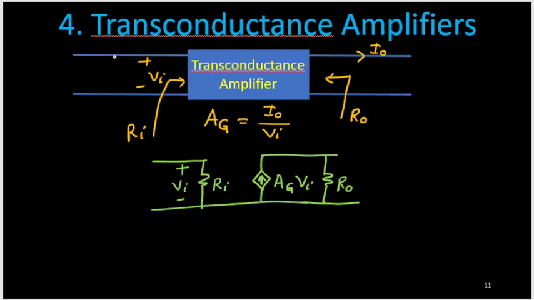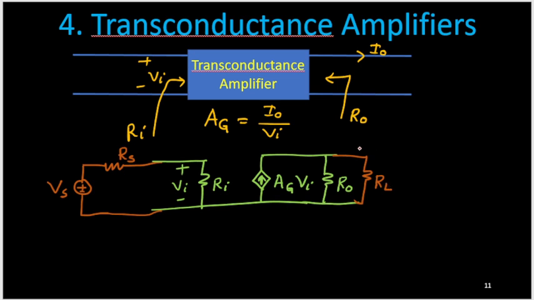On the input side we can include the source, in this case a voltage source, the practical voltage source Vs, and the source may have some source resistance in series, that is your Rs. And on the output side we need to connect one resistance, that is your RL.